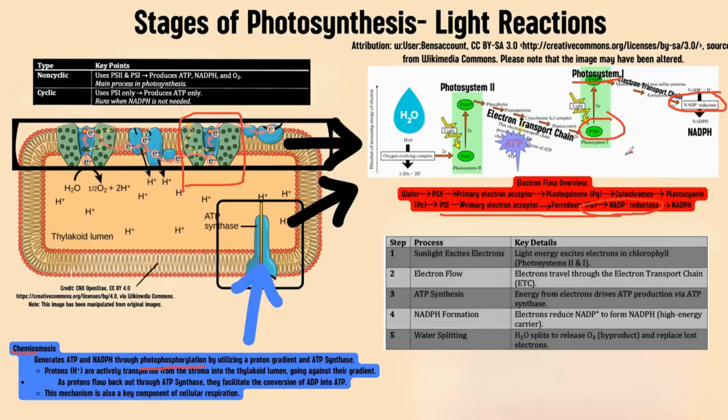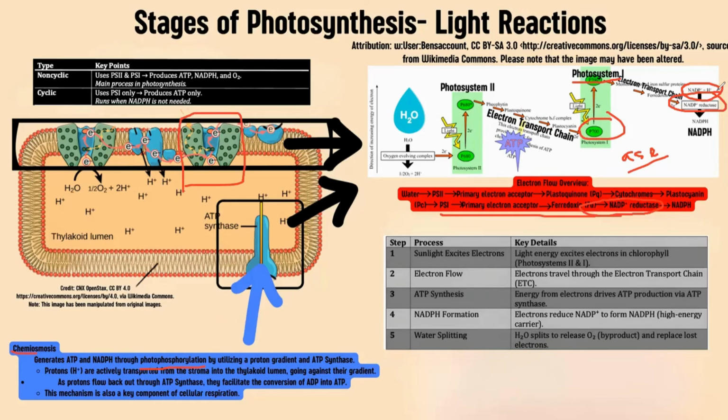reductase, if you notice the ASE ending, and if you remember from Unit 1, or I think Unit 2 into 3, we did talk about enzymes, and the ending ASE is a trigger to let you know that that is an enzyme. So what's happening is, remember, we have NADP from the light independent reactions, aka the Calvin cycle.